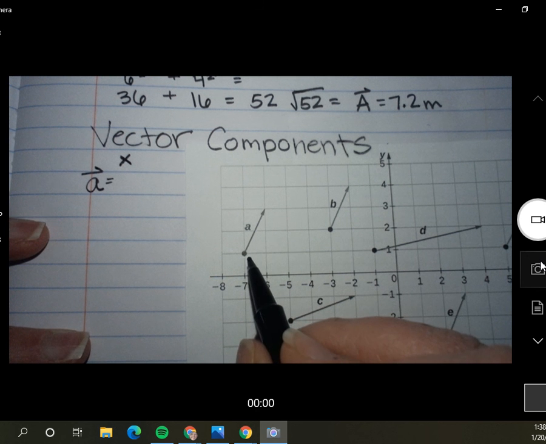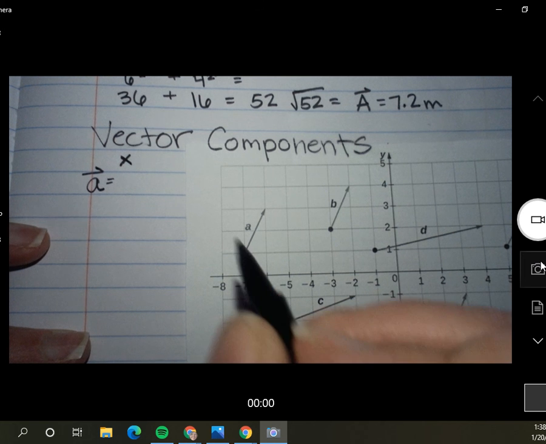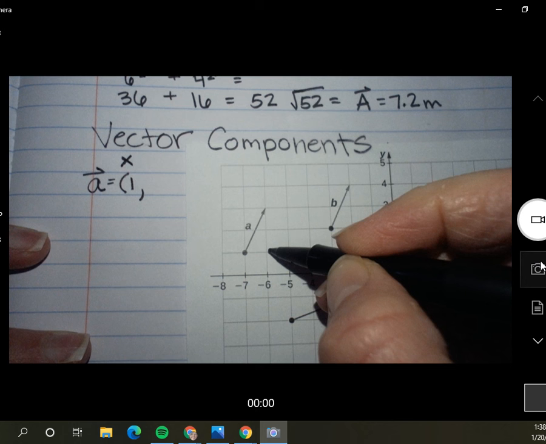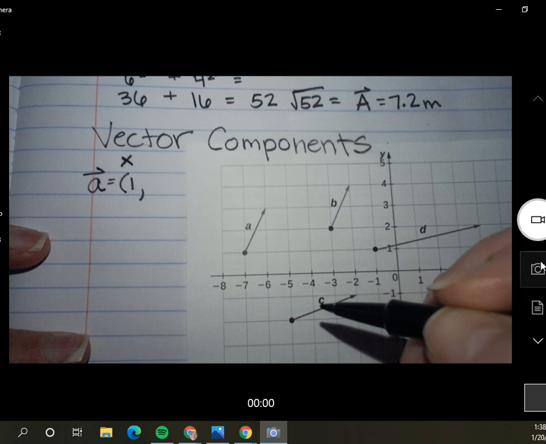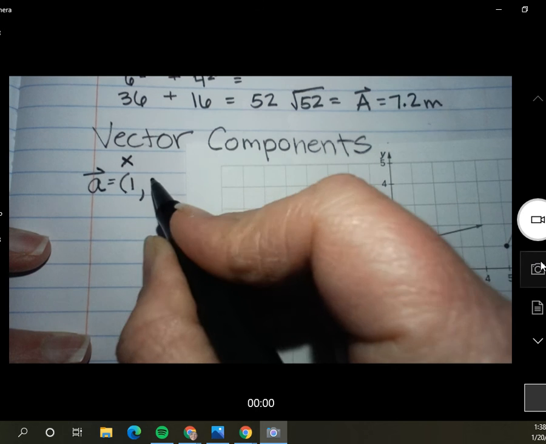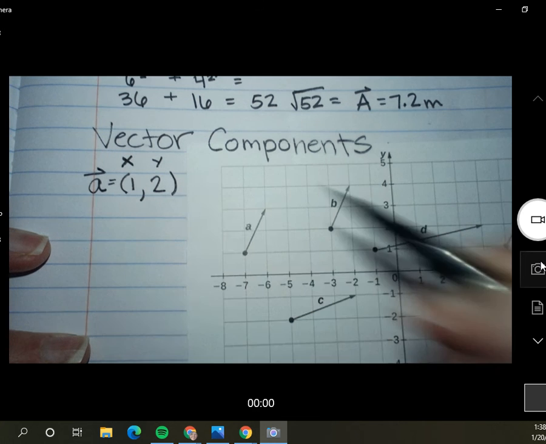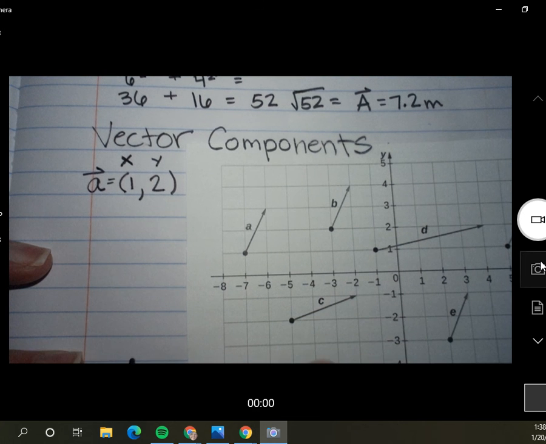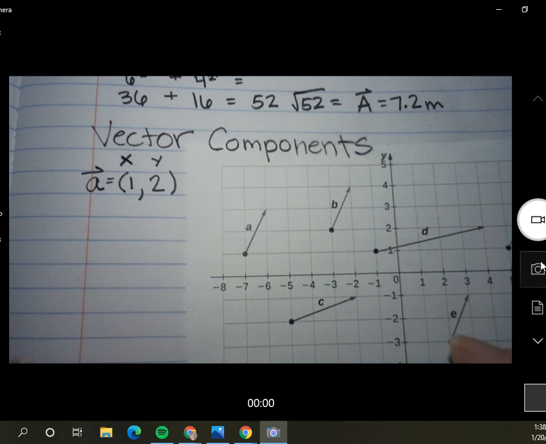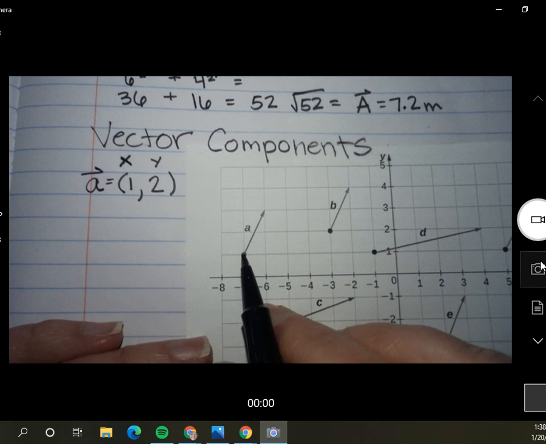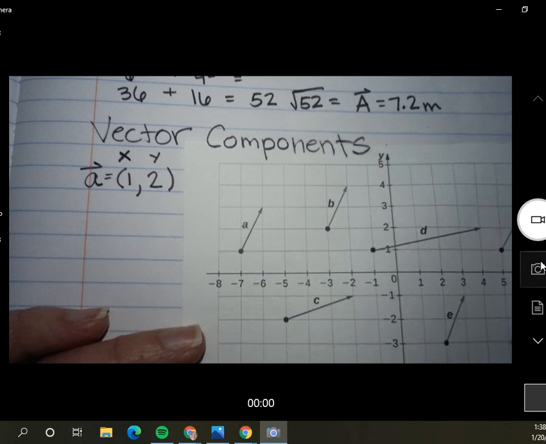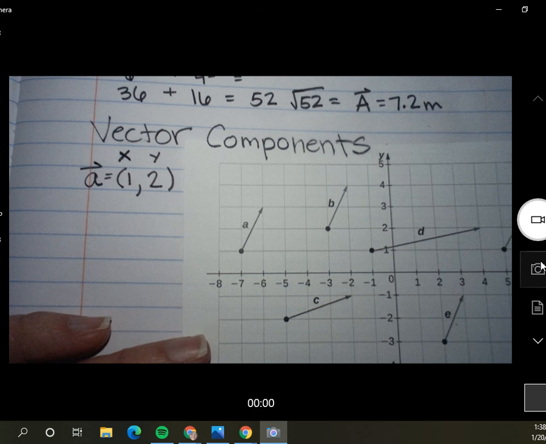So that horizontal length is our a sub x. What is our vertical height of a? 2. So it's just like you're finding the coordinates. Okay. All right, so take a second and think. If a is a sub x 1, a sub y 2, what other vectors in your example sheet are exactly like it?